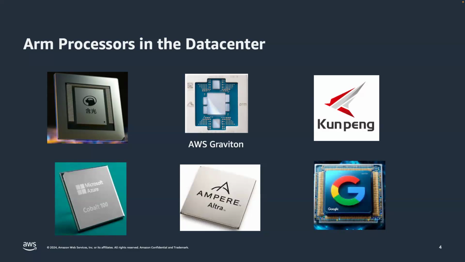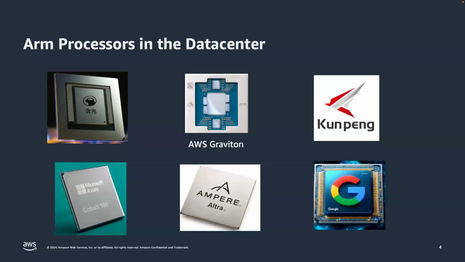And in AWS, we actually use the blueprint that comes from ARM, the company, and we manufacture chips based on their blueprint and design. But there are many other manufacturers that have followed our leadership and joined the bandwagon as well.